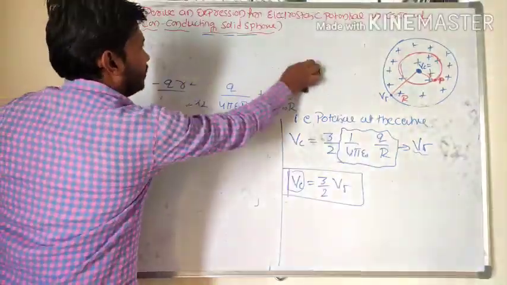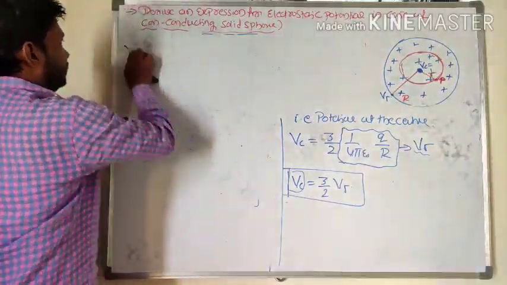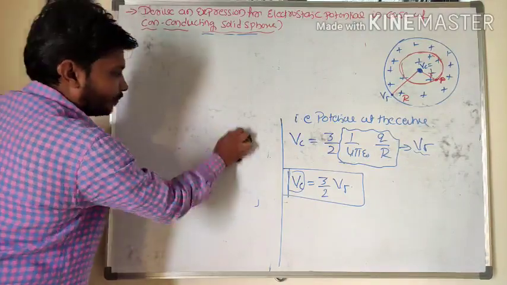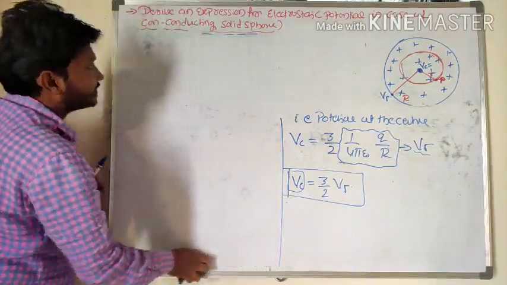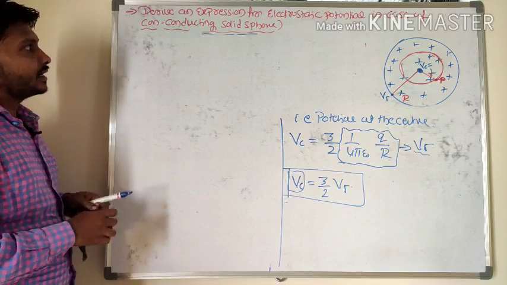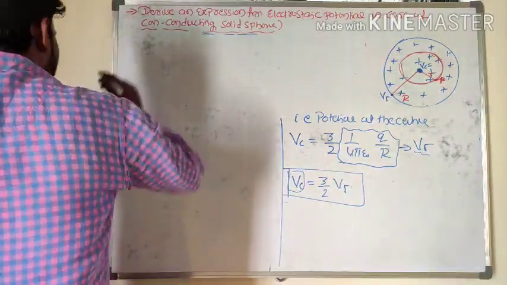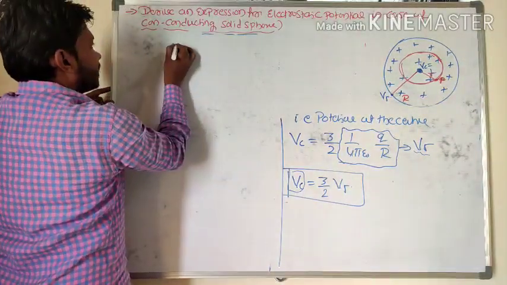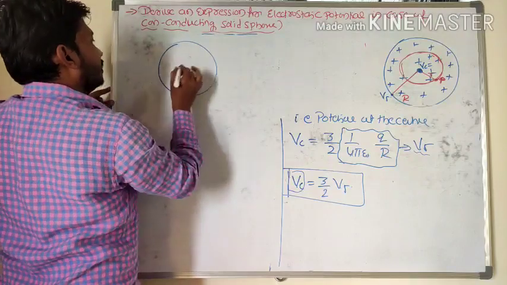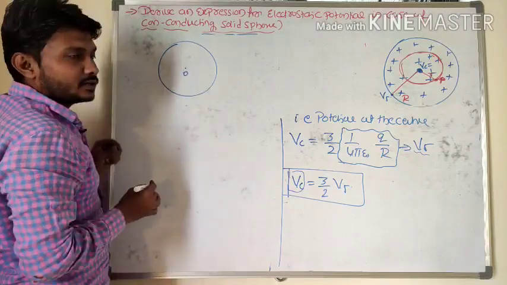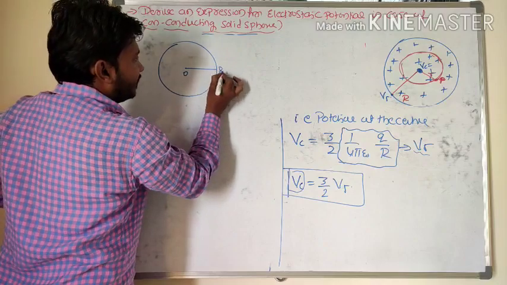So let me draw the nature of the graph, potential versus distance, in case of a non-conducting solid sphere. For example, this is one non-conducting sphere. This is the center and this will be the radius.